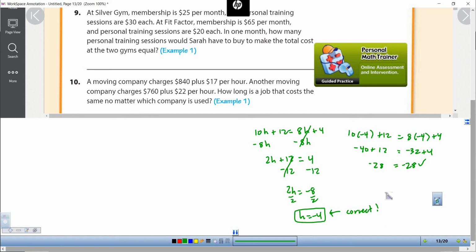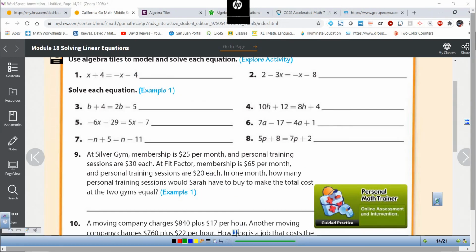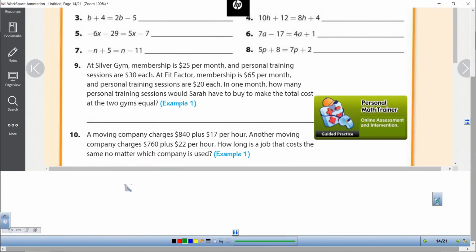Yay. Okay, let's do one that has a negative variable. How about number 5 right here? What do we have? We have negative 6x minus 29 equals 5x minus 7. Again, my recommendation is to find the variable term that has the smaller coefficient.